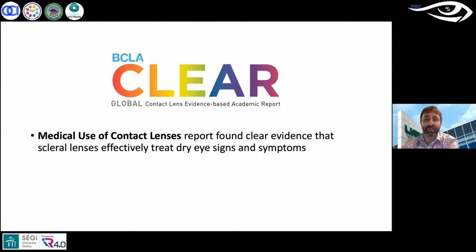I was on the medical use of contact lenses section, and I wrote the section on scleral lenses. We found overall that scleral lenses are very well proven for treating patients who have contact lens discomfort and advanced dry eye, people who have viral eye disease that causes scarring, and all different kinds of reasons for bad dry eye.